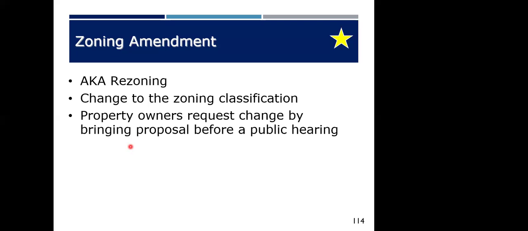If you live in that area, if you work in that area, if that's the market you choose to take, then you may want to consider attending that meeting, voicing your opinion. Before they change the zoning, they're going to hear from the public, get the residents' feedback on it before they make a decision whether or not to change that zoning.